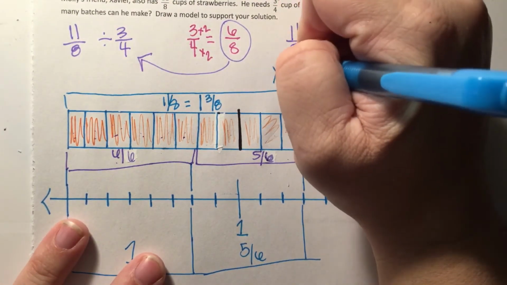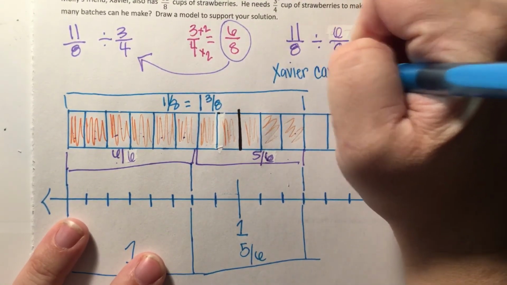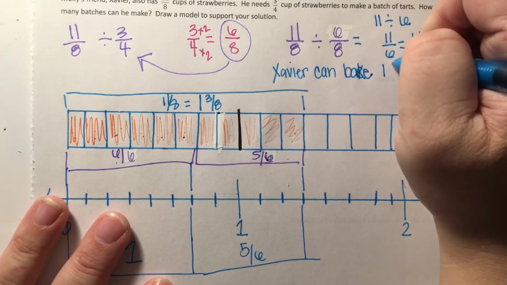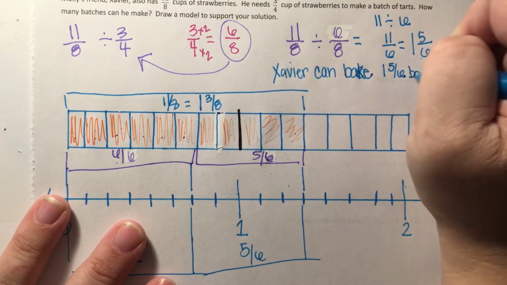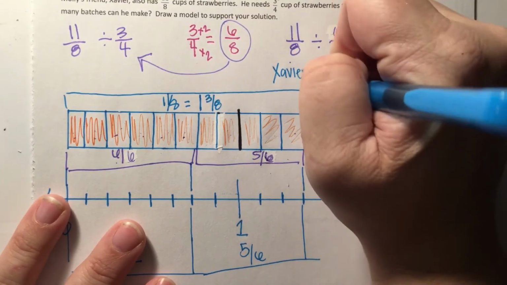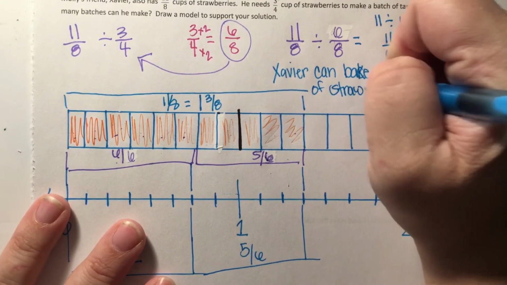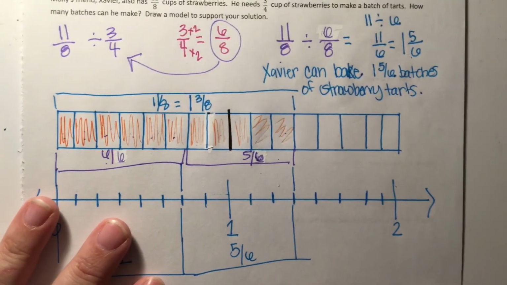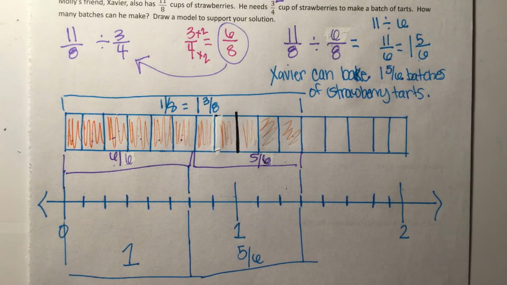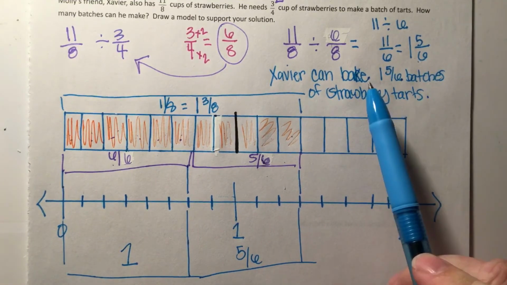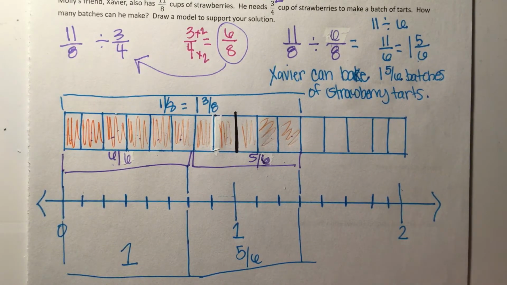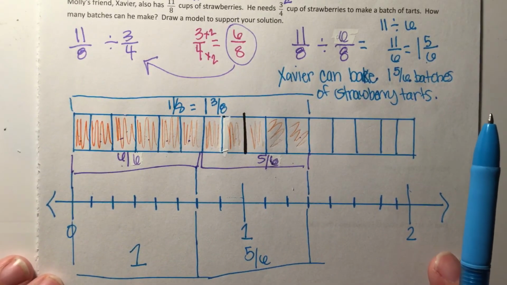So Xavier can bake 1 and 5/6 batches of strawberry, I should have wrote this in pink or red, tarts. Okay. Complete sentence, my answer is right there. You don't have to wonder what the answer is, okay? So I have it in number form, but because this is a word problem, I also wrote my answer in words, okay? So go ahead and pause and copy, okay?